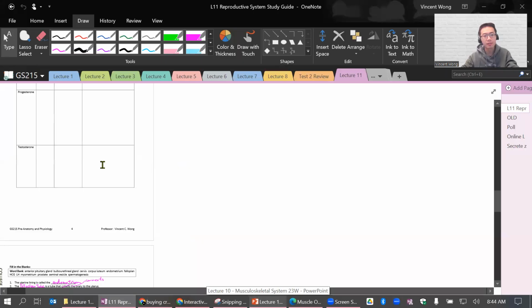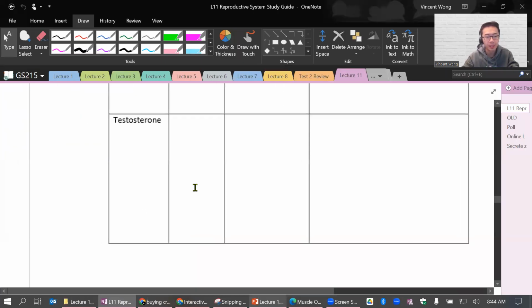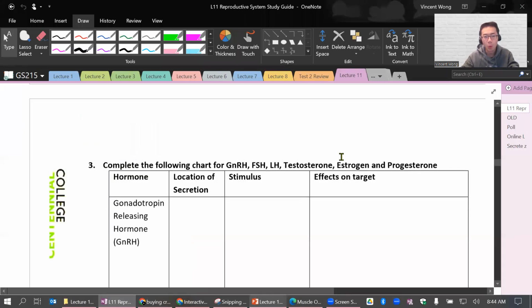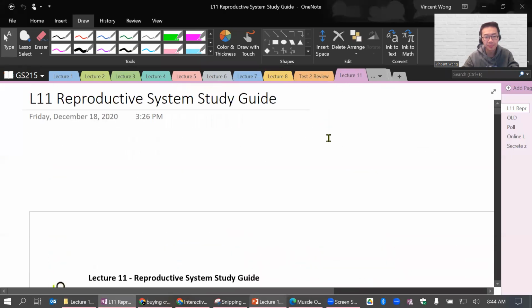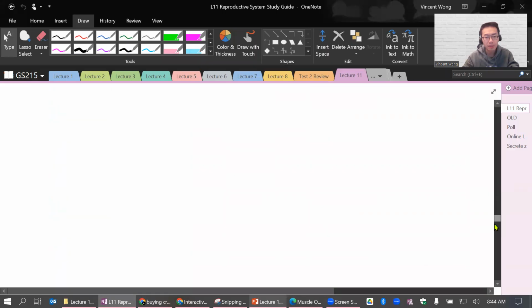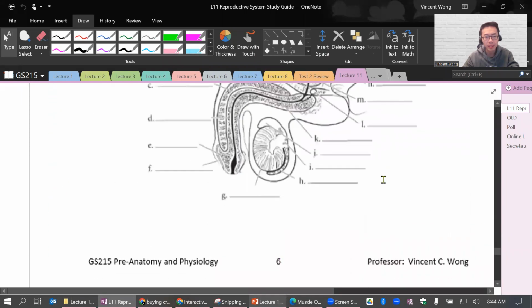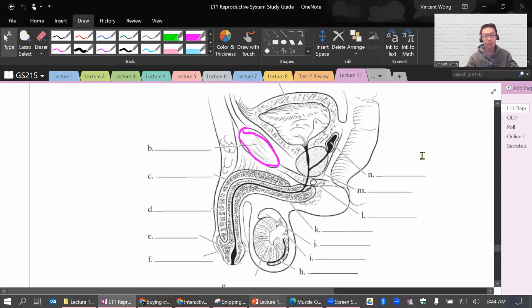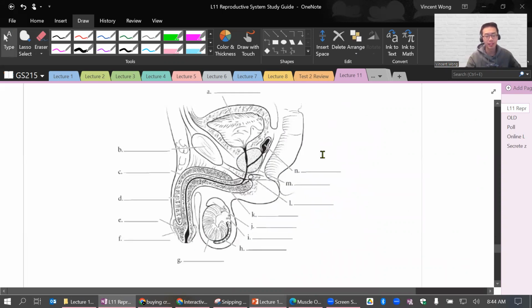Now, stay with me for a moment. This is a reproductive system that we'll be learning Wednesday, I'm hoping. Give me a moment here, guys. Oh, there it is. So this is the male one. Hopefully you can tell. And there is the symphysis pubis.